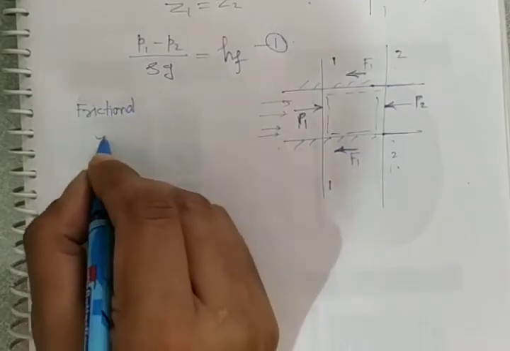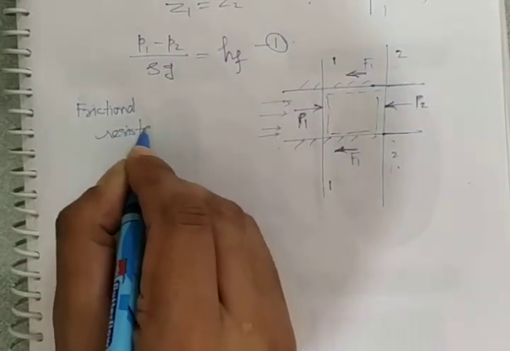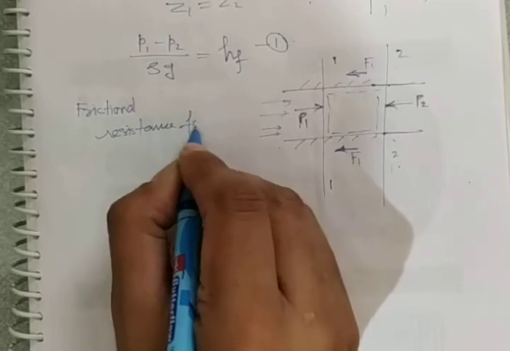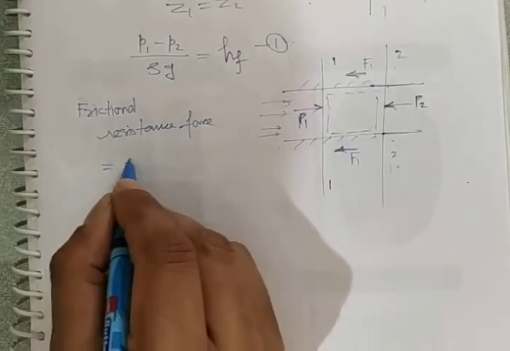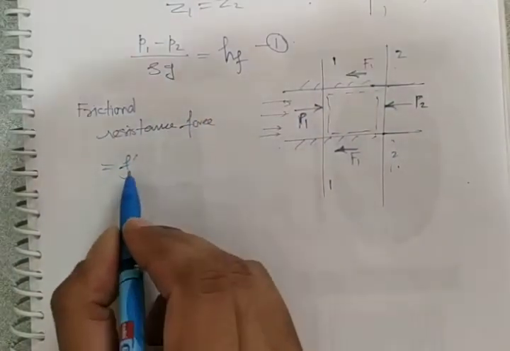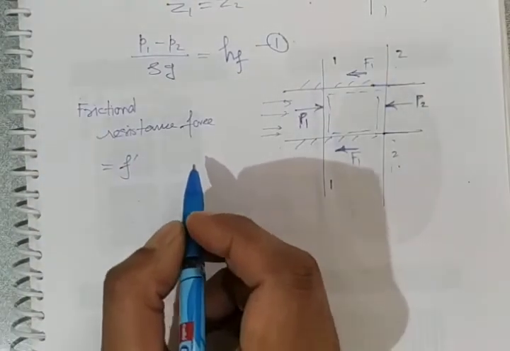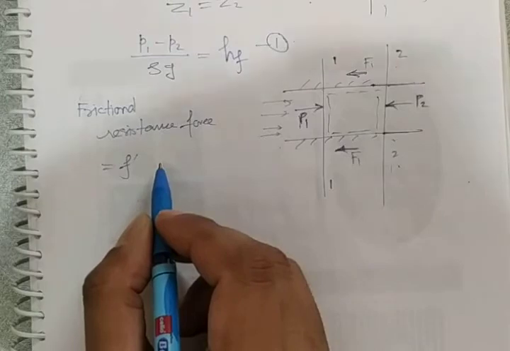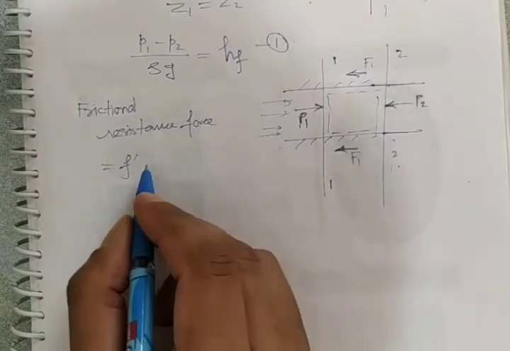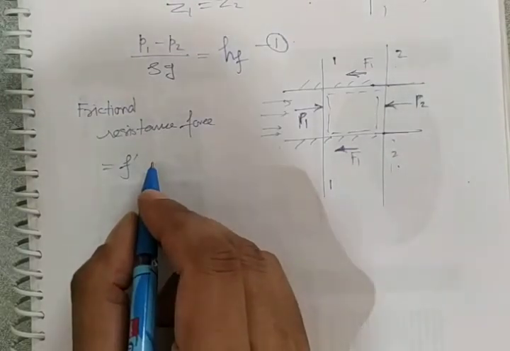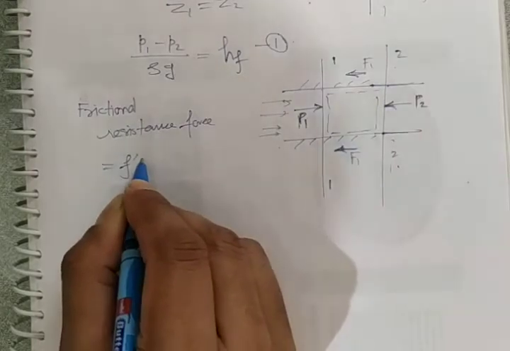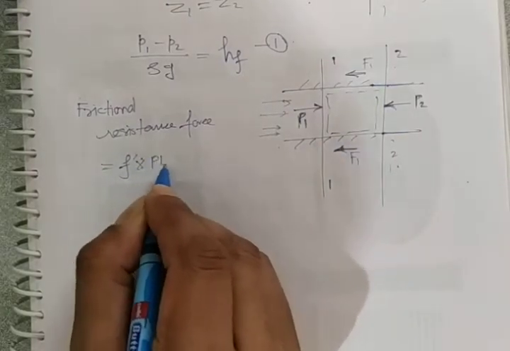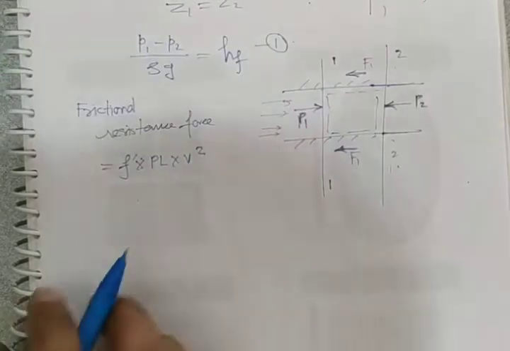The frictional resistance force is equal to F dash, where F dash is the frictional resistance force per unit area per unit velocity, into P L into V square.